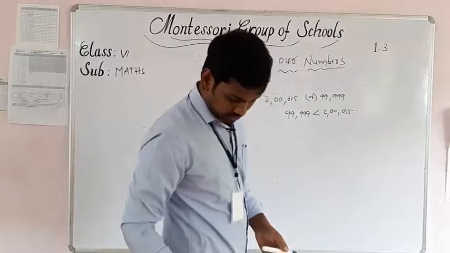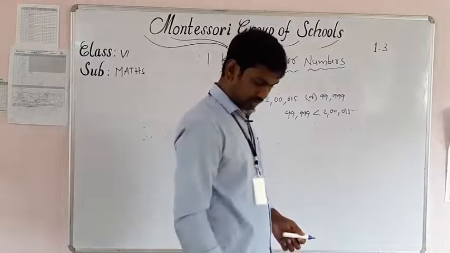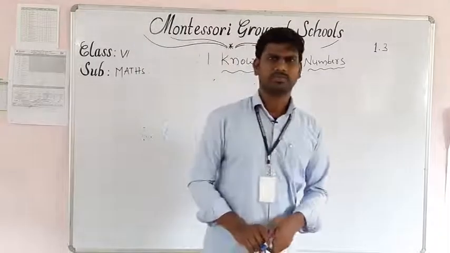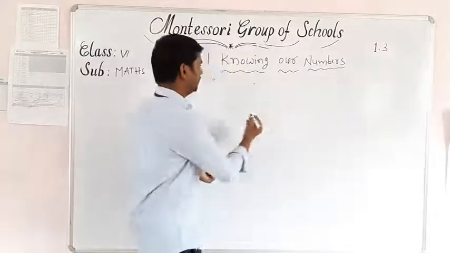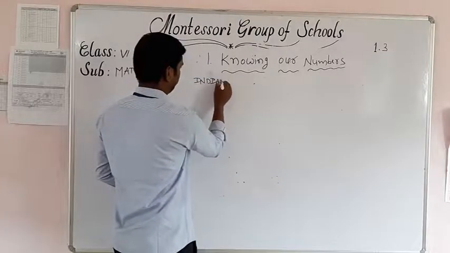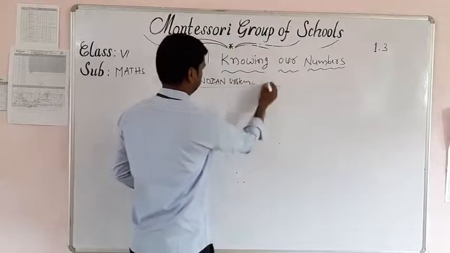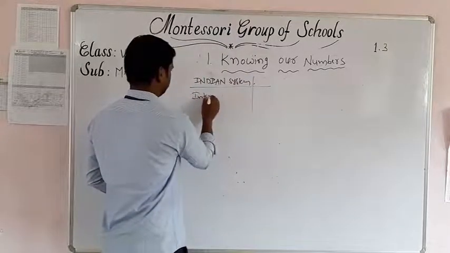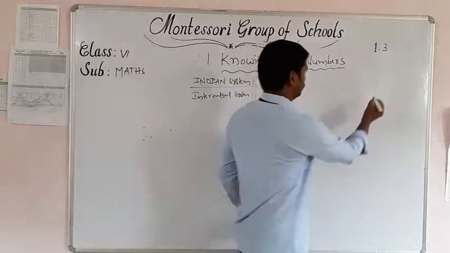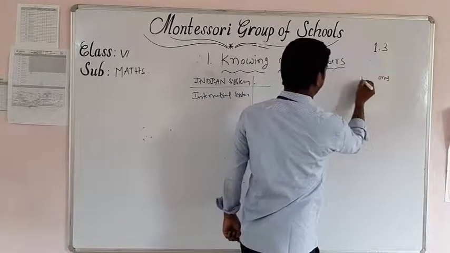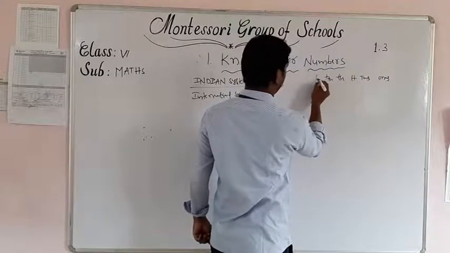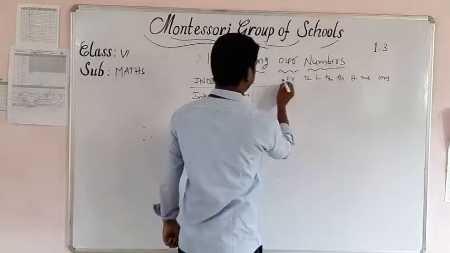Okay, next. We know the place values of the Indian system, and we know the place values of the international system. Indian system: ones, tens, hundreds, thousands, 10,000s, lakh, 10 lakhs, crores, 10 crores.